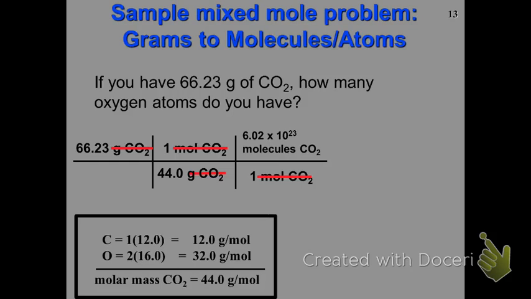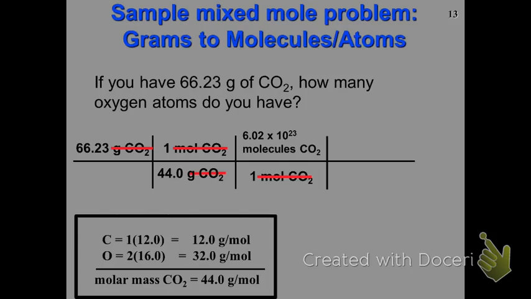But I didn't ask for molecules of CO2. I asked for atoms. So what that means is that you need to find some other conversion factor where atoms of oxygen are on top, and molecules of CO2 is on the bottom. Let's go ahead and look at that real quick. So this is what I did.